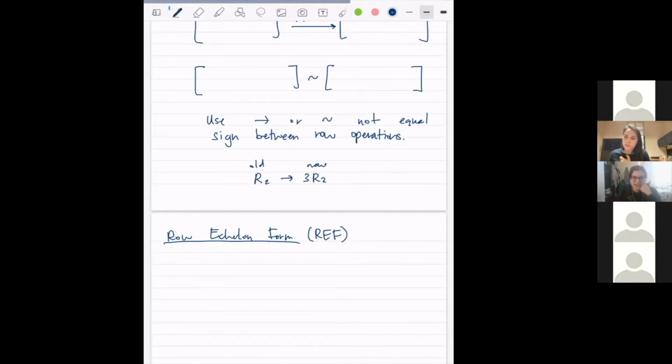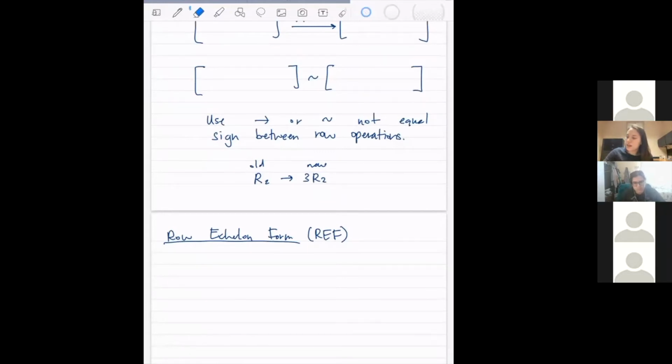For me, the way I process it is what you're doing is multiplying row 2 times 3, and that becomes the new R2. I process it differently. Maybe if you wrote the new thing first and then the old thing and then the arrow. It doesn't gel with how my brain works, but I'll write it that way because that's the convention. Yeah, for sure.